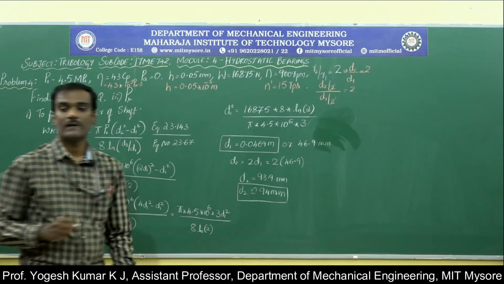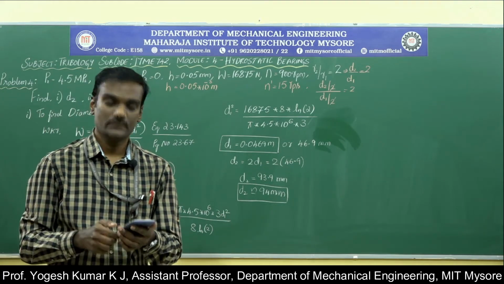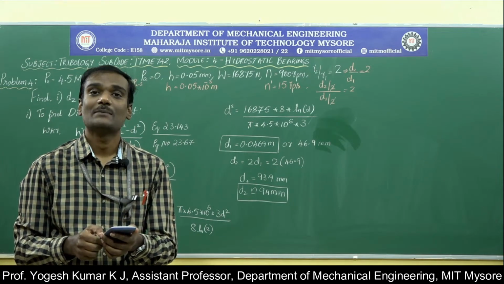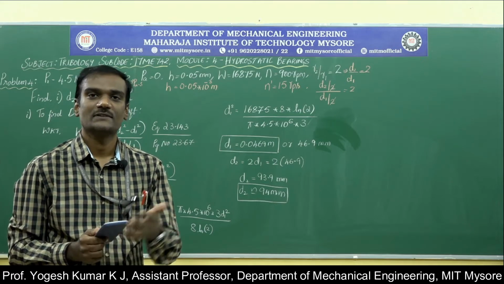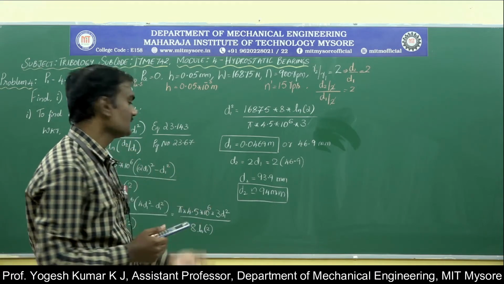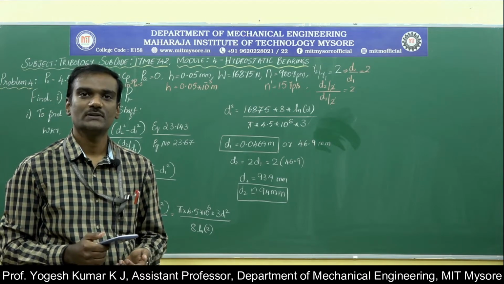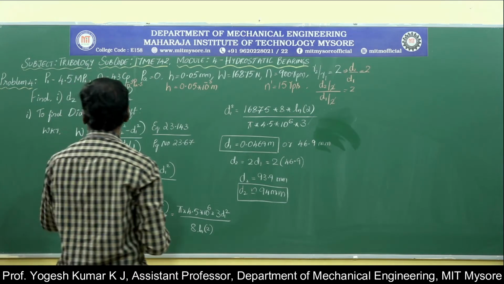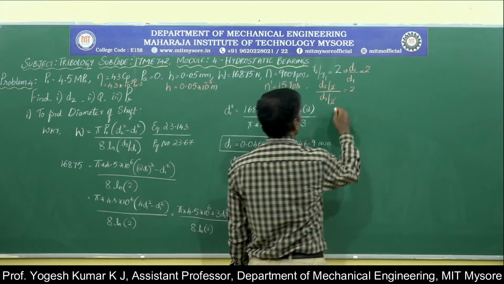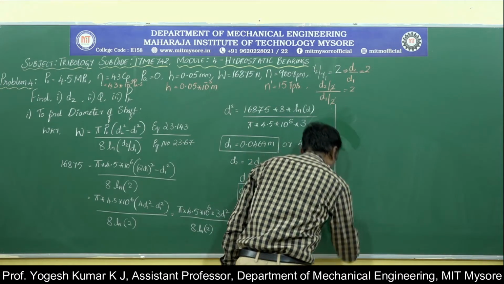So this is how we find the diameter of the shaft and the diameter of the pocket. Diameter of the shaft is d2, diameter of the pocket is d1. Shall we move on to the next sub question? Okay. The next sub question is to determine the flow rate.